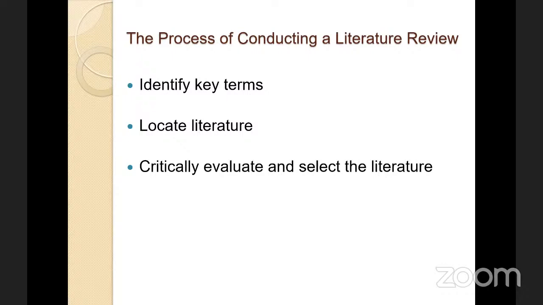So when you find an excellent article, look at it, because it normally lists the key terms related to that article. You may want to use those key terms to do searches in your search engine or your online database. By the way, those are not the same things. Google Scholar is a search engine used for academic literature, and there are a number of online databases.